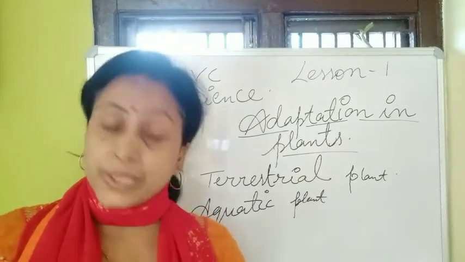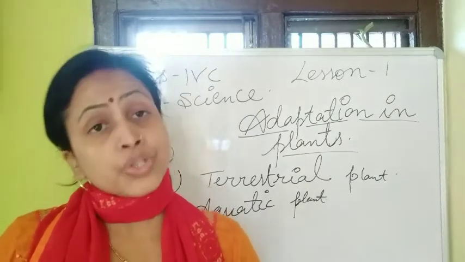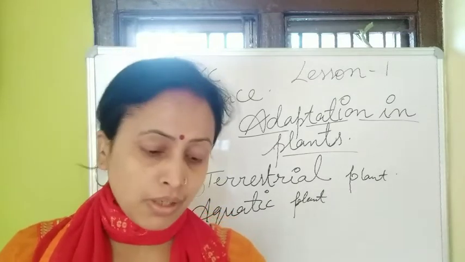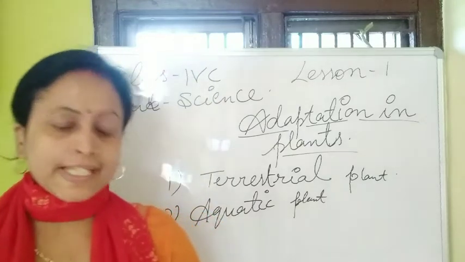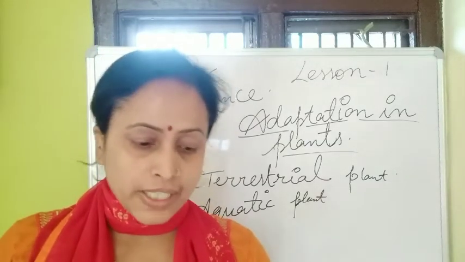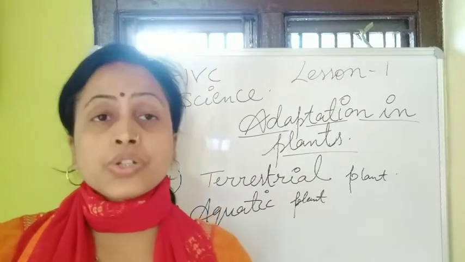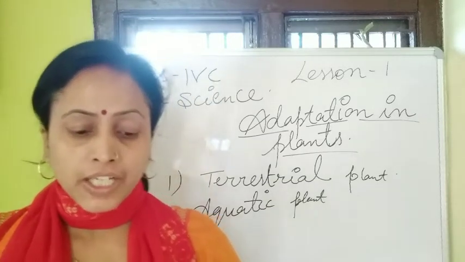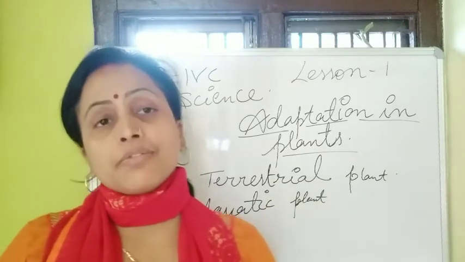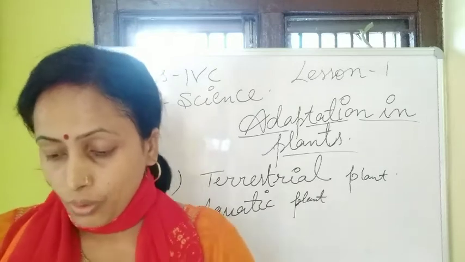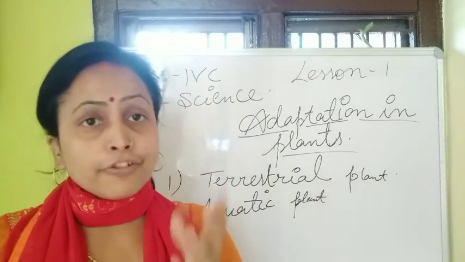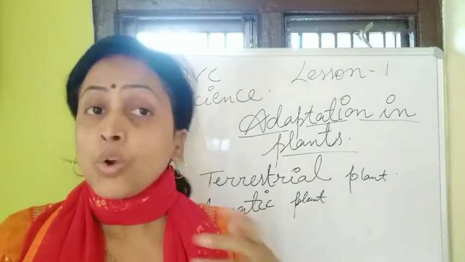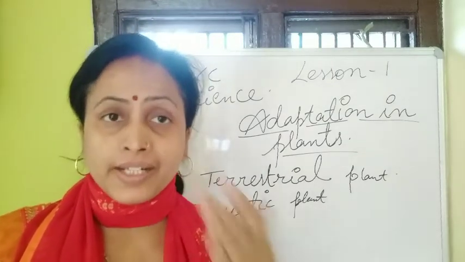In all these areas we find different kinds of plants that adapt to the natural conditions of the areas in which they live to be able to survive. In each area, plants have different characteristics to survive and adapt.